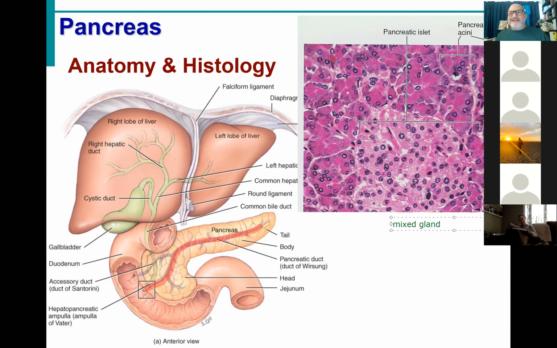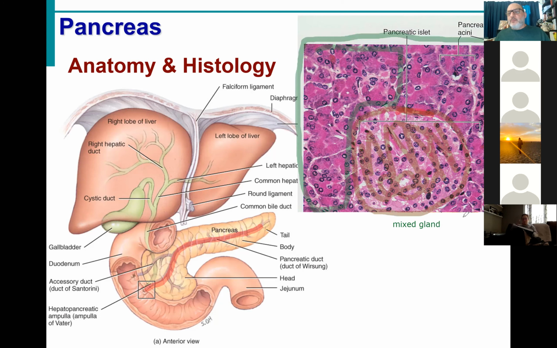As we learned in the last section, we focused on the pancreatic islet, which has the endocrine function, which again releases insulin and glucagon and other hormones into the blood. But we also talked about how we have out here all these ball-shaped pancreatic acini.